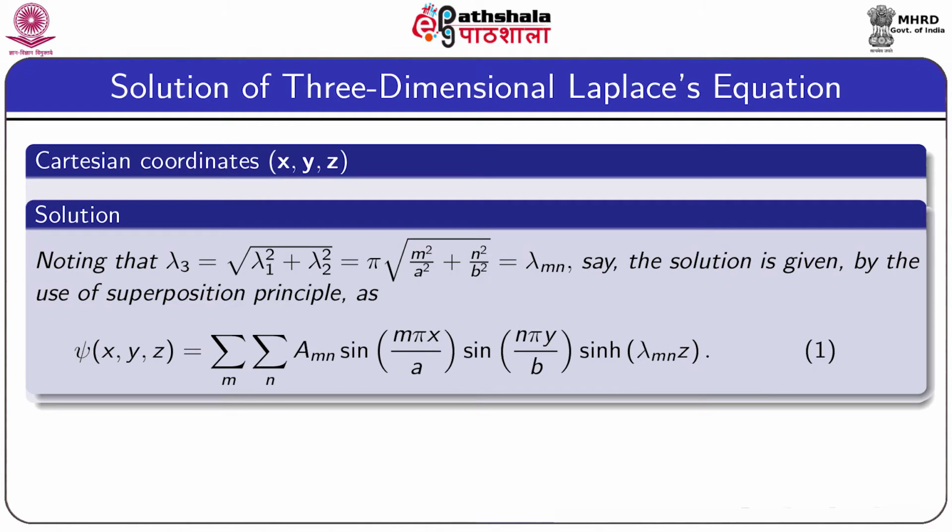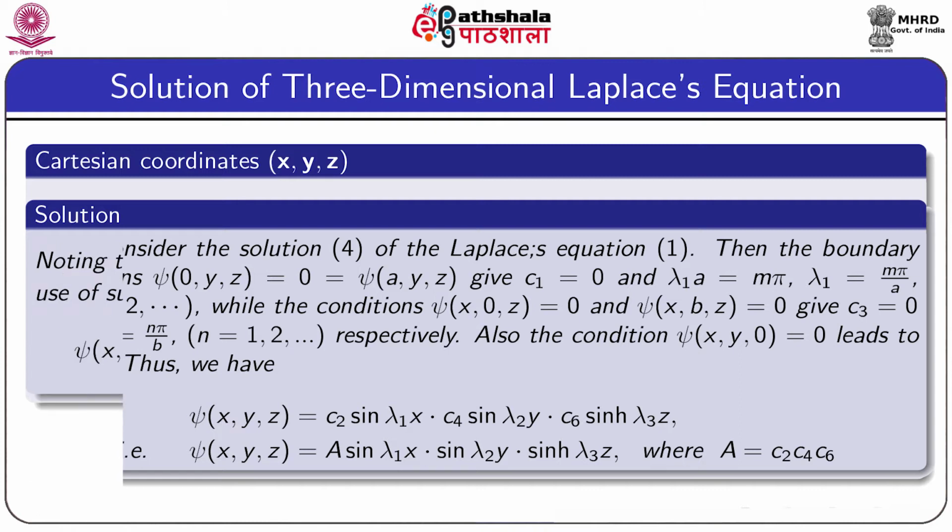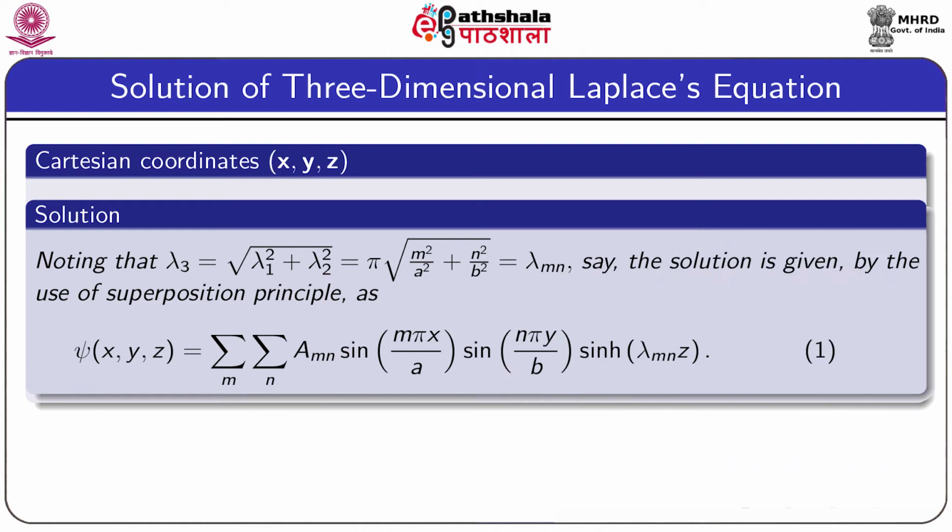Now, we have one condition left. We note that in this solution, lambda 1 and lambda 2 are not arbitrary; they can take the values m pi by a and n pi by b respectively, and lambda 3 depends on lambda 1 and lambda 2 by the relation lambda 3 equals the square root of lambda 1 squared plus lambda 2 squared.